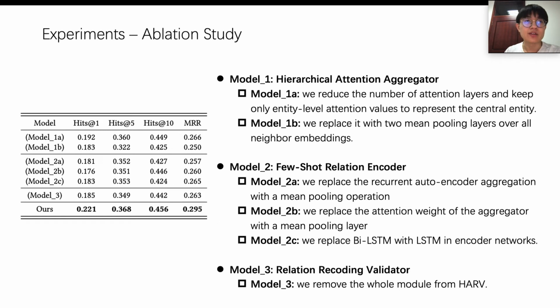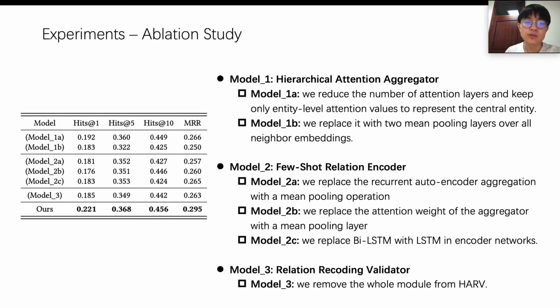Next experiment is the ablation study. In Model 1A, we reduce the number of attention layers and keep only entity-level attention values to represent the central entity. In Model 1B, we replace the hierarchical attention aggregator with 2 mean pooling layers over all neighbor embeddings. In Model 2A, we replace the recurrent autoencoder aggregation with a mean pooling operation.